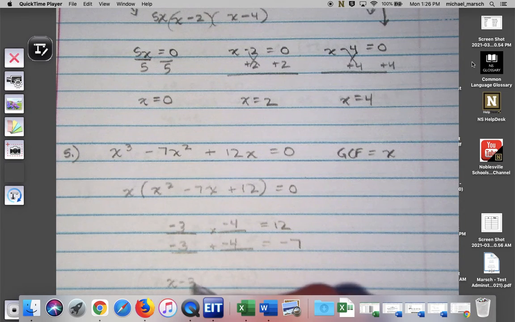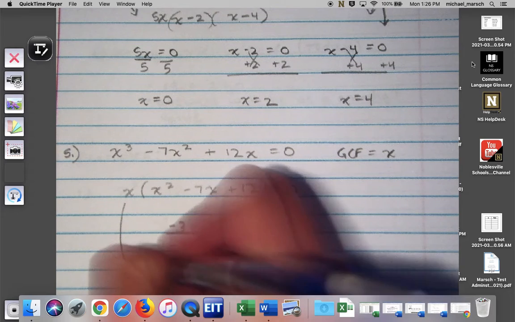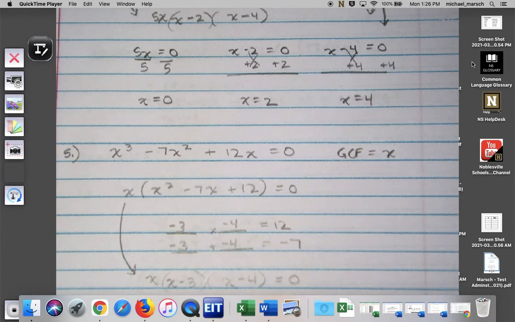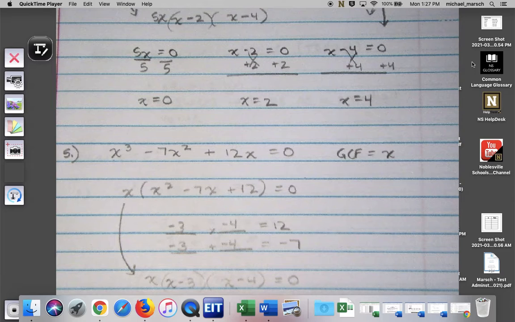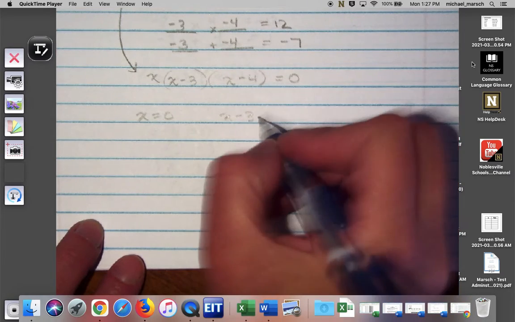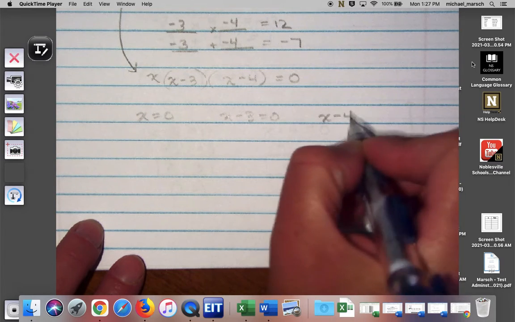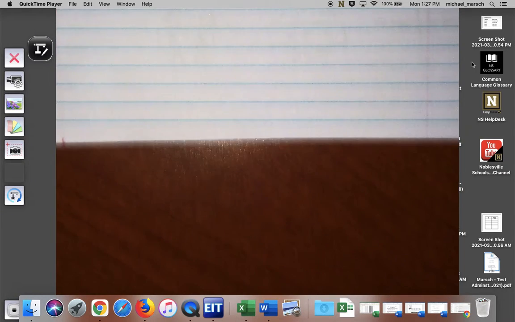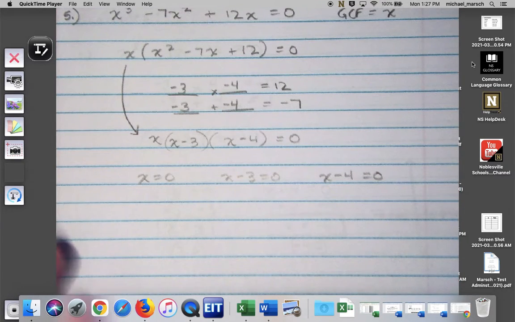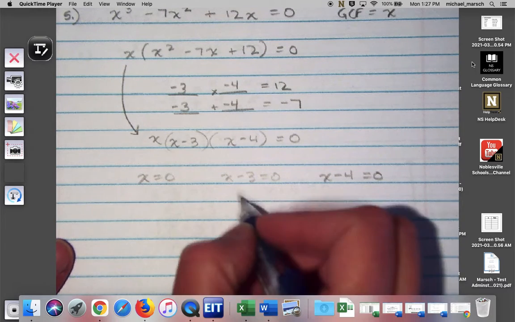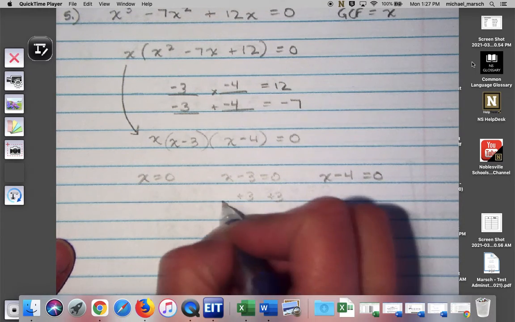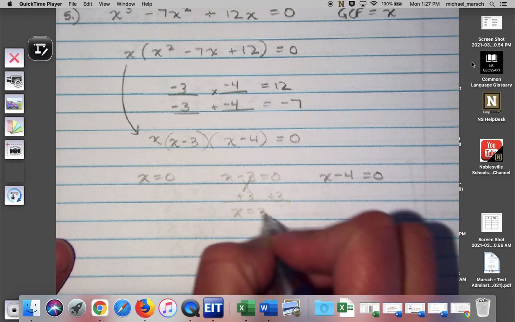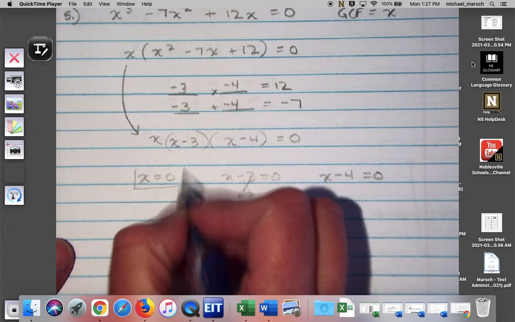So I've got x minus 3 times x minus 4. I have to bring the x down, and I set it up equal to 0. So I've got x equals 0, x minus 3 equals 0, and x minus 4 equals 0. Can't do anything else with x equals 0.